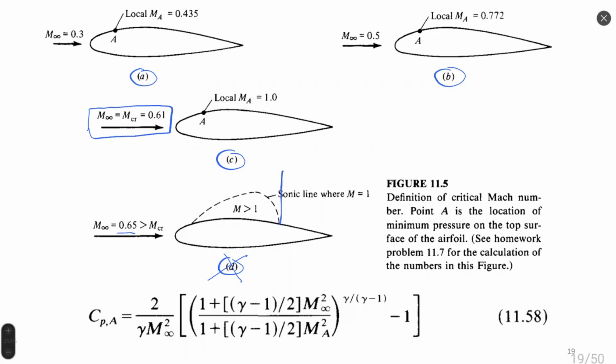Analytically, we can determine the presence of this local Mach number, Mach 1, and we can define at exactly which flight velocity this local Mach number 1 will start to happen. To determine such a state of critical Mach number, we need to solve one equation.